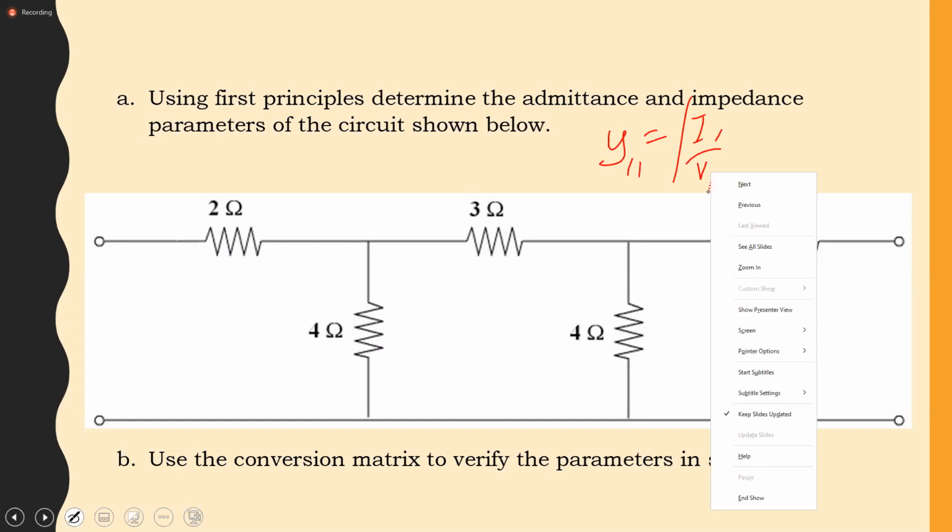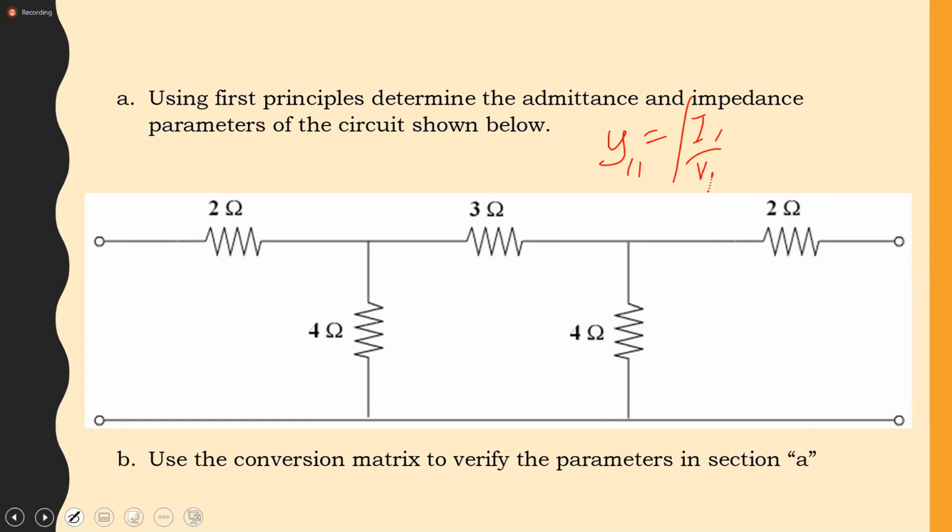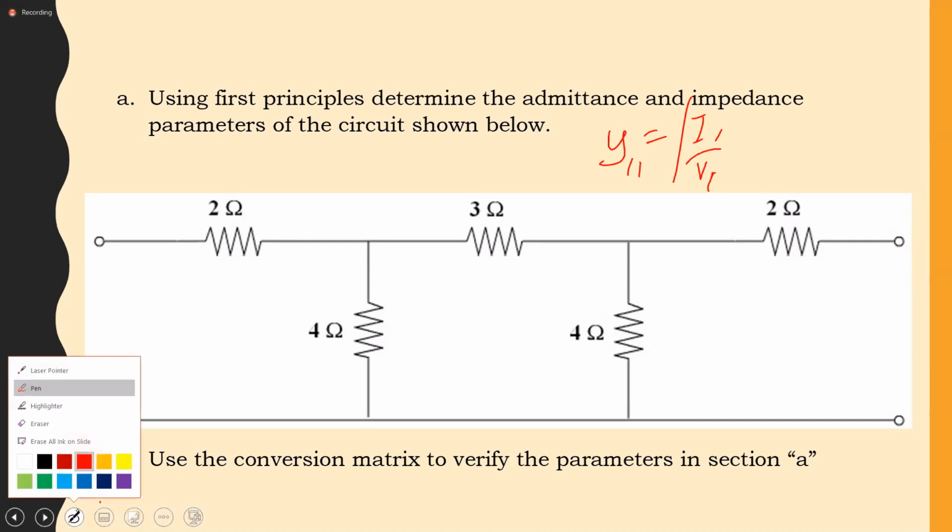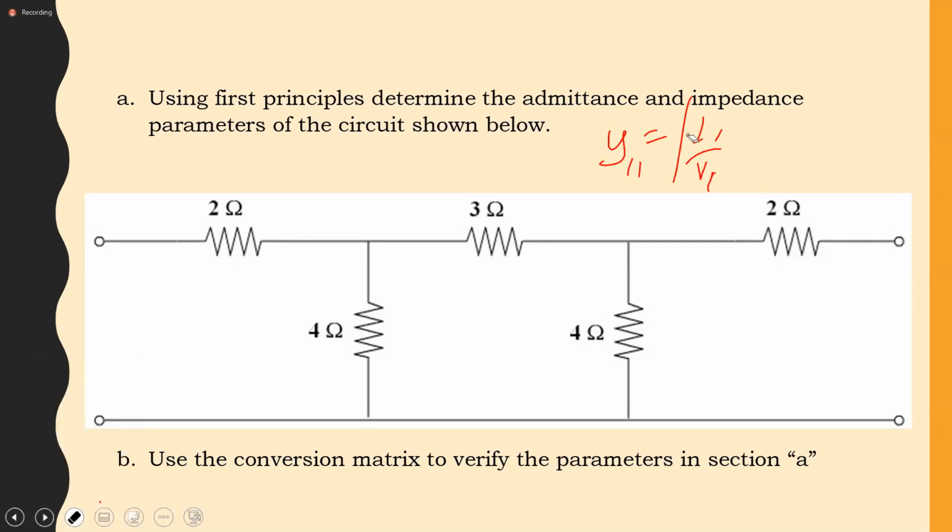Yes, sir. And that is true under what condition? What's the condition for this to be true? V2 equals 0, sir. So that is true when port 2 is short circuited and V2 is equal to 0.